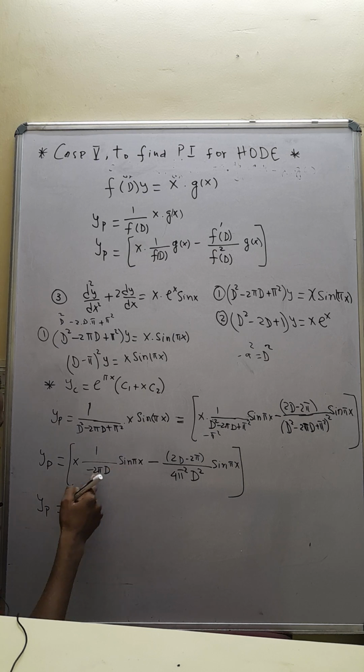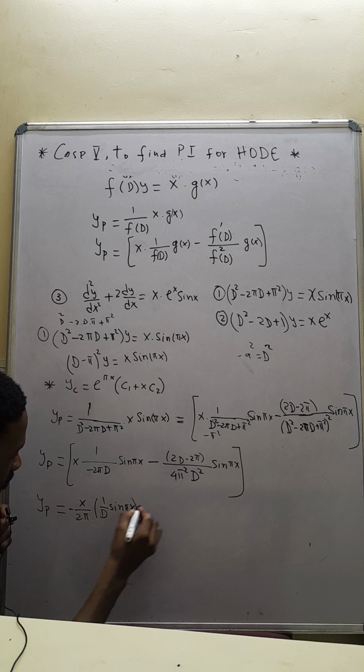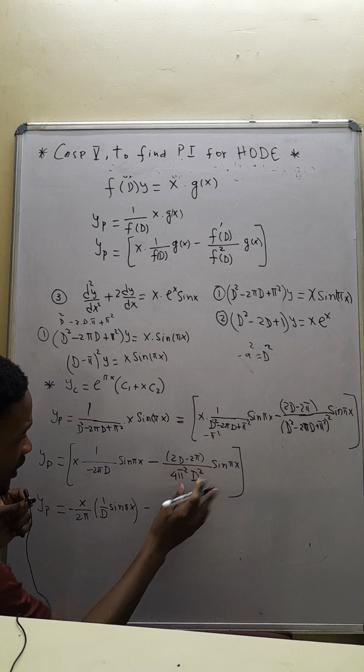So yp will be equal to x upon negative 2 pi, then 1 upon D, sin of pi x. Then here, just look at this.